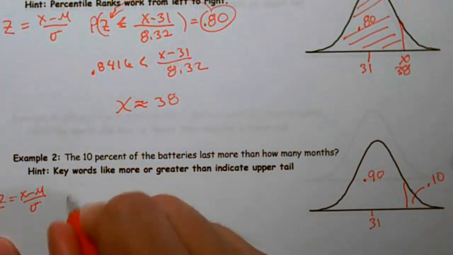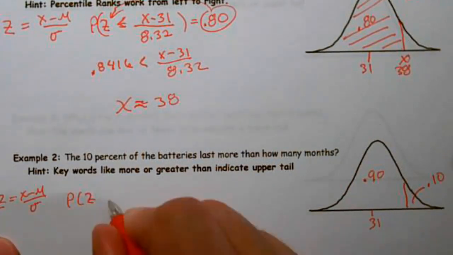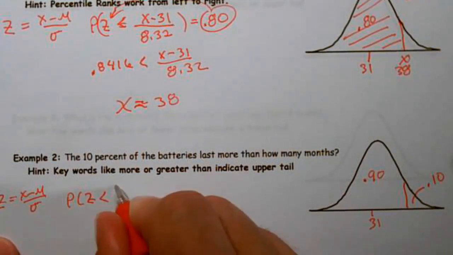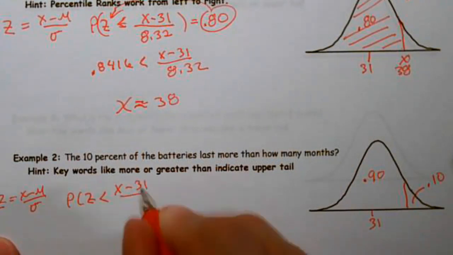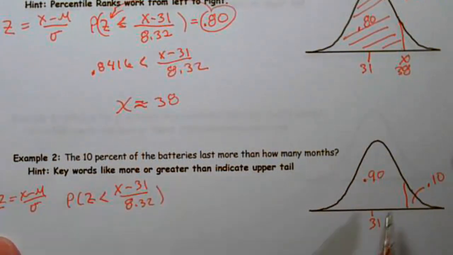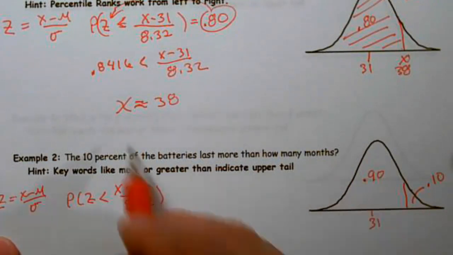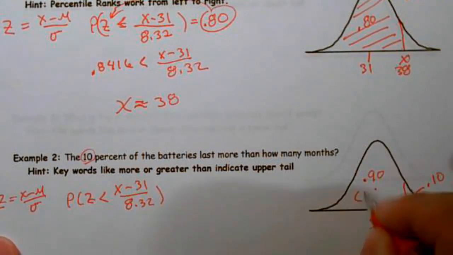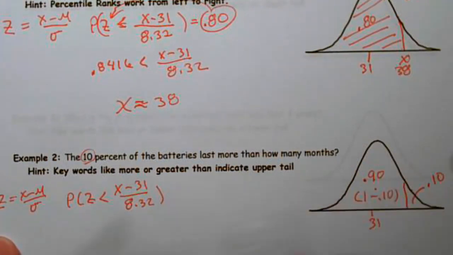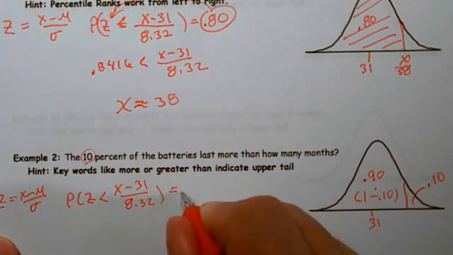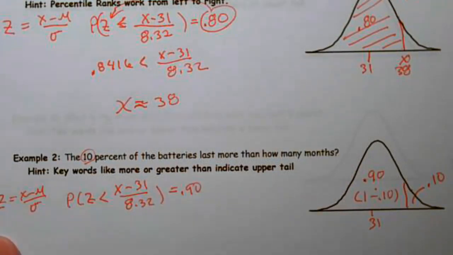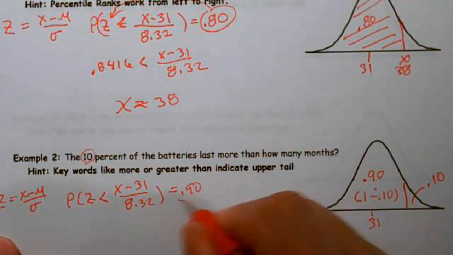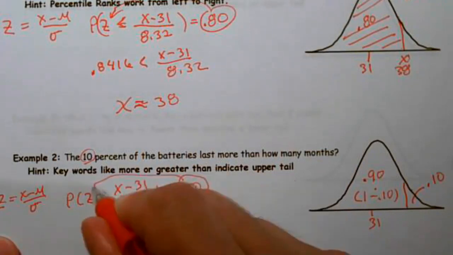I want the probability that z is less than x minus 31 over 8.32. Because our calculators work left to right, I have to use a 90%. Although this is 10%, I have to use 90%, which is 1 minus 0.10. So this probability is 0.90. And just like in the previous problem, I'm going to convert that into a z-score.